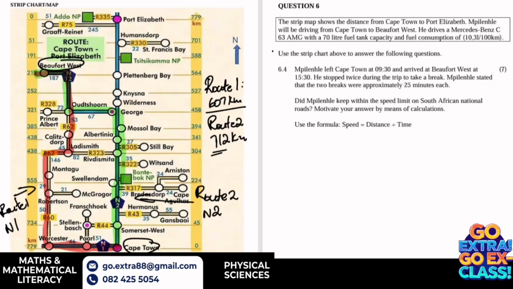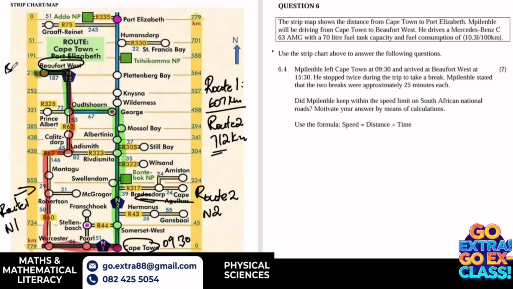Now they say in this question, Mpilenhle left Cape Town at this time, which is 9:30. So he left at 9:30. Then he arrived at Beaufort West at 15:30.